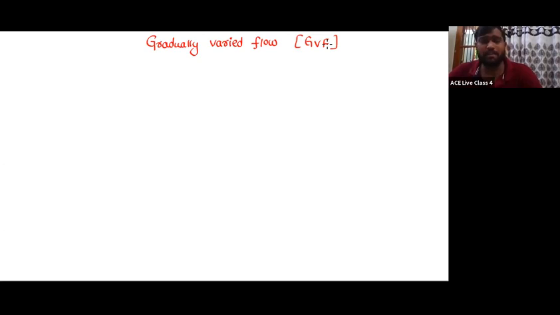Now, what is meant by gradually varied flow? I have explained clearly in the earlier classes. Whatever discussion we are making is steady flows only. First of all, what is meant by it? Yeah, it's a new chapter.